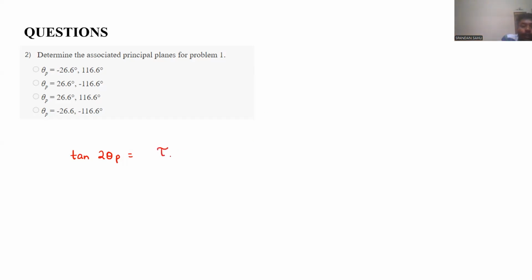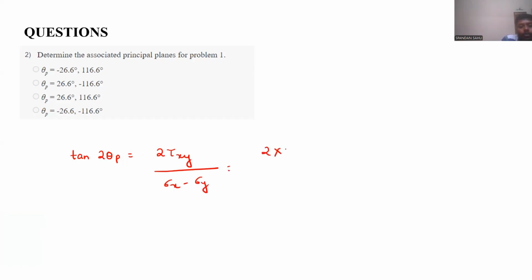We know tan 2 theta p equals two times tau xy upon sigma x minus sigma y.